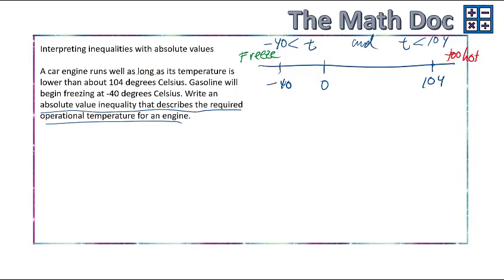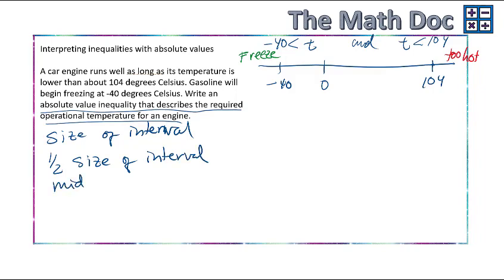Again, we have to look for the size of the interval. The operational interval, we will look for the midpoint by finding half the size of interval, right? So we'll need that, and then we'll get the midpoint. So here we are. So we have size of interval.